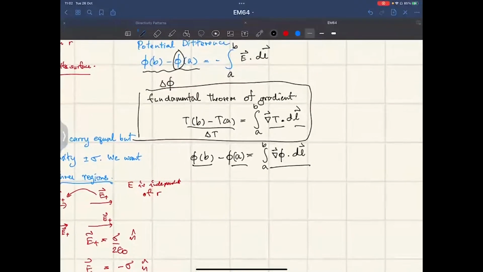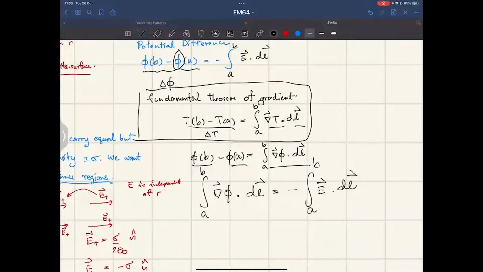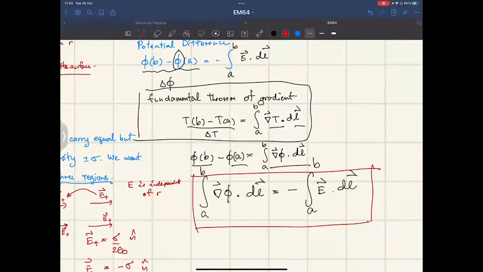And okay, I only do this, A to B here, dl here, equal to minus E dot dl here. To have this expression equal to each other, to have this equal to this one here, our E and our phi here.